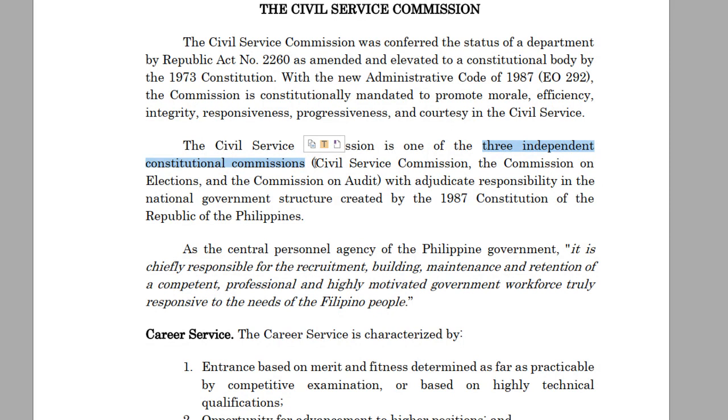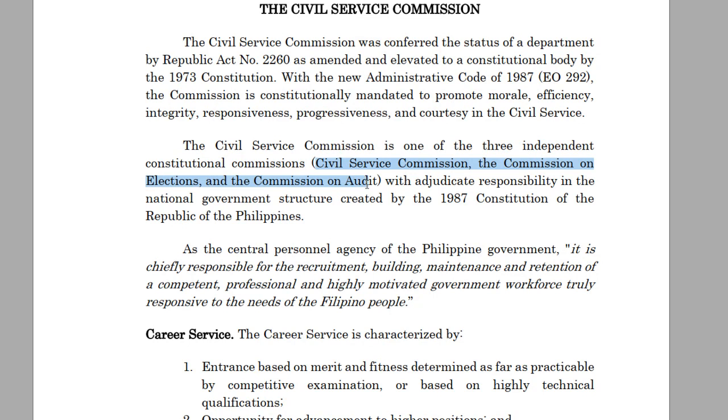They are independent, they are autonomous, but still the appointment of the people who head these particular commissions are still subject, of course, to the Commission on Appointments, with members coming from the different government agencies such as the Senate and the House of Representatives, and is still being approved by the President of the Philippines.